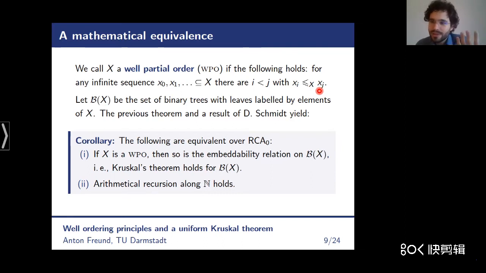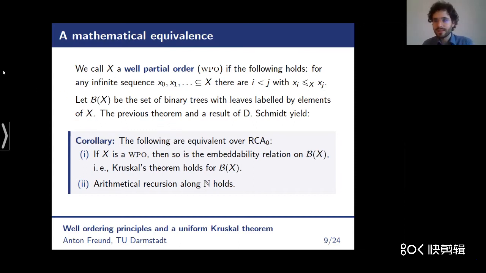And so Kruskal's theorem, as we saw it before, just says that trees together with the relation of embeddability form a well partial order. And now here the idea is to consider trees with labels. So more specifically, I want to write B of X for the set of binary trees as before. But now at the leaves only, you can have elements of X as labels.